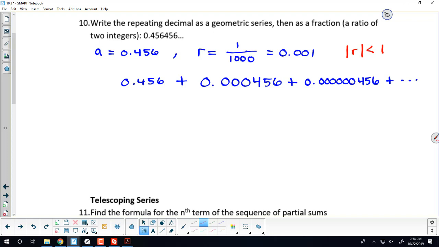In particular, we know it converges to A over 1 minus R. So this sum is equal to our A, and let's write it as 456 over 1,000. So that's our A over our 1 minus R.